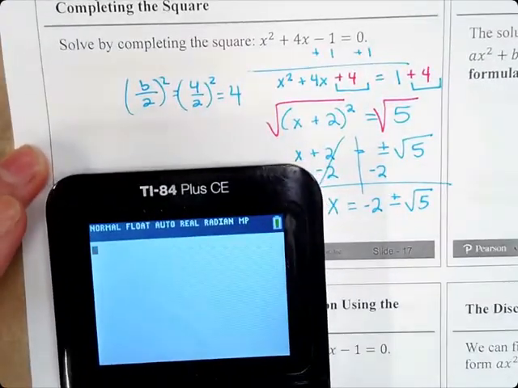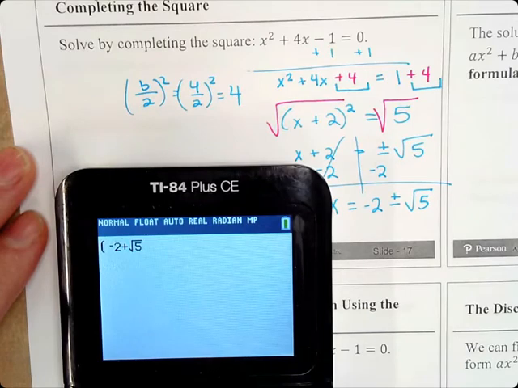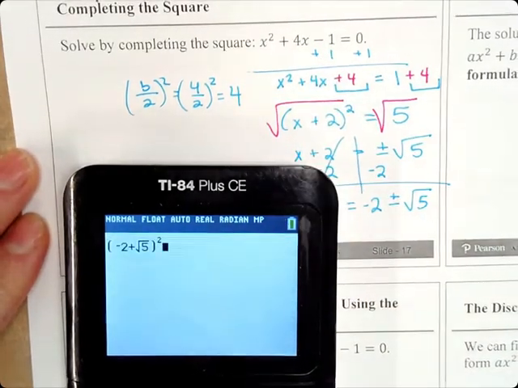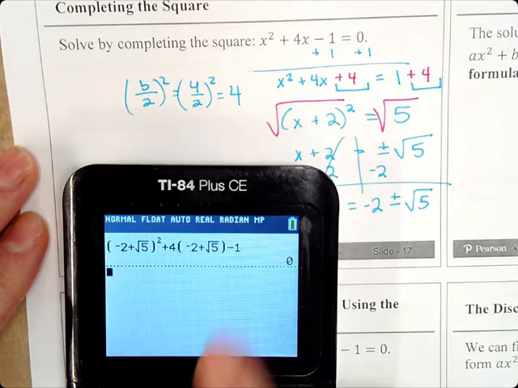So we'll do negative 2 plus the square root of 5, and then square it, plus 4 times negative 2 plus the square root of 5, and then minus 1. And it's supposed to equal 1.